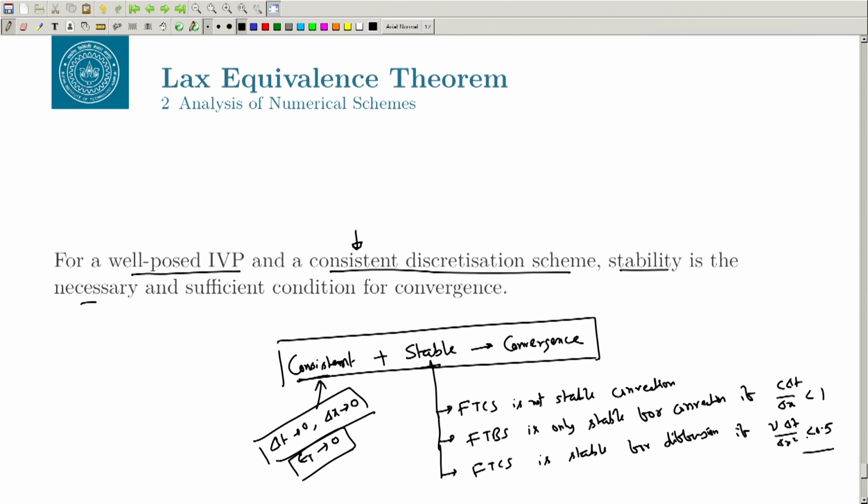In the next class, we will go into a formal analysis of the stability of a numerical scheme, and that analysis is called the von Neumann stability analysis. There are many ways to analyze stability, such as the matrix approach and some more approaches, but this is the most popular one, and that we will be doing in the next class.